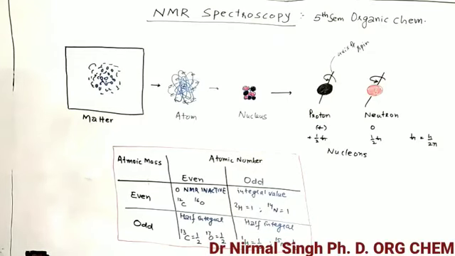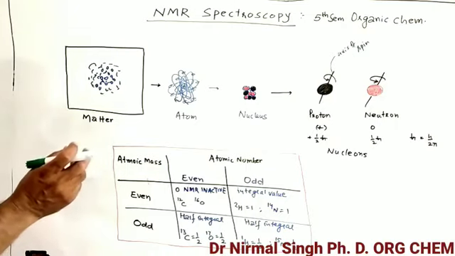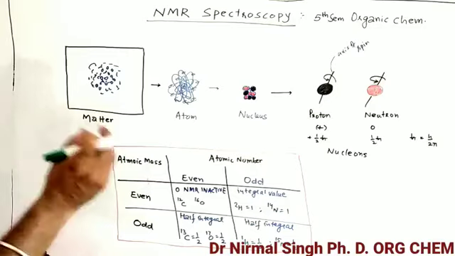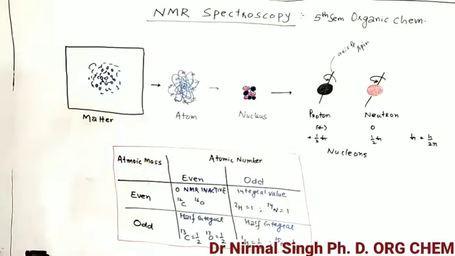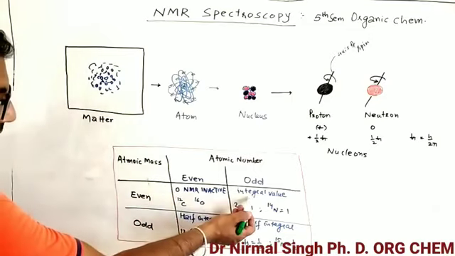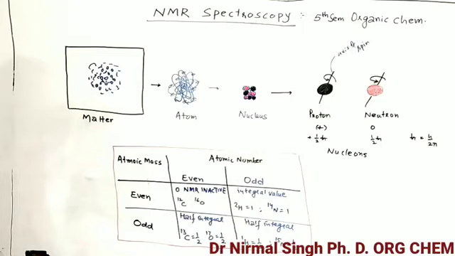For a compound to be detected by NMR spectroscopy, the nucleus or atom must have some net spin value. That net spin value may be 0, integral, or half integral.